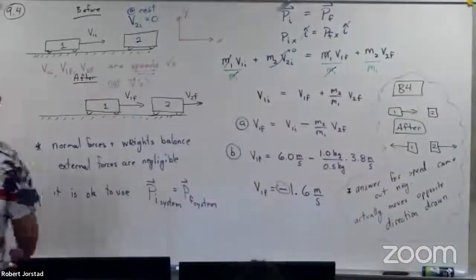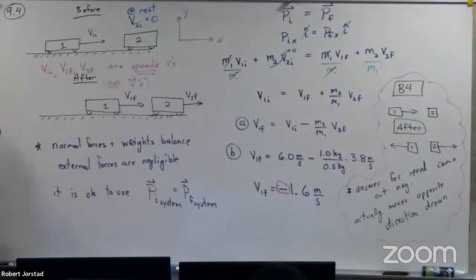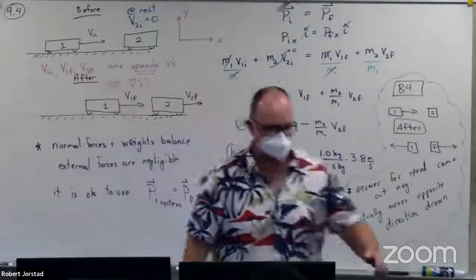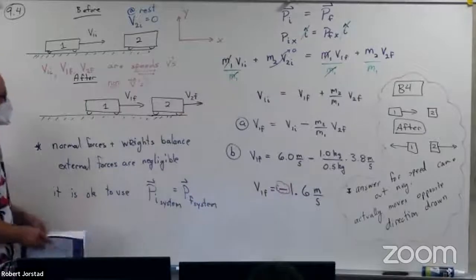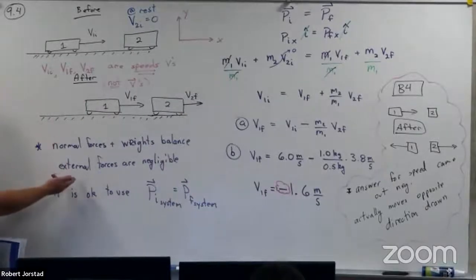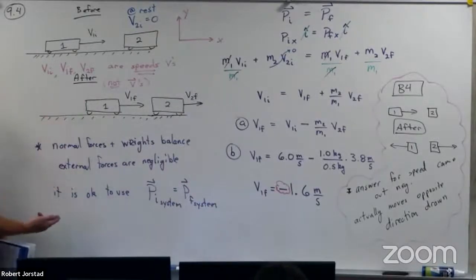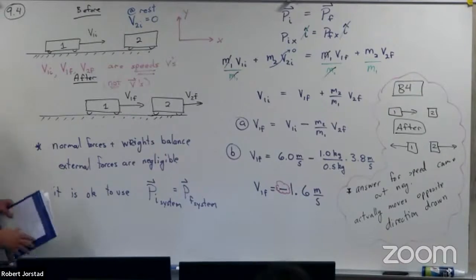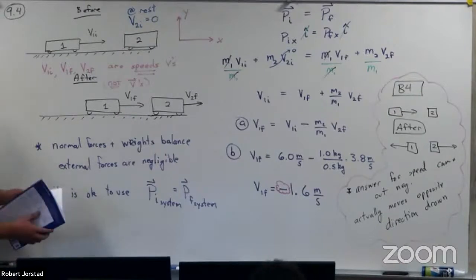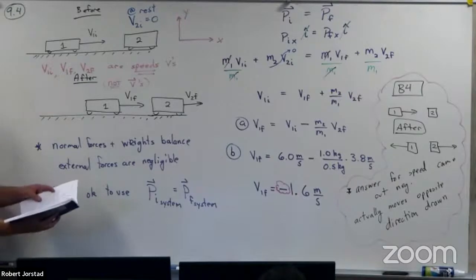What have we just done? Let's look at your problem solving strategy, because that's what you need to know how to do on test day for test 3. First, is it okay to use momentum? There's a collision, probably. Okay, but this is the real way to do it. Are the external forces negligible or is the collision time small? Next, draw before and after pictures, right? We did that.